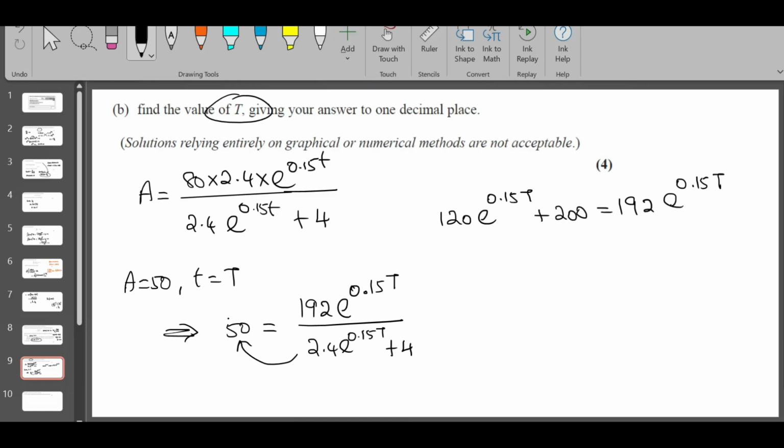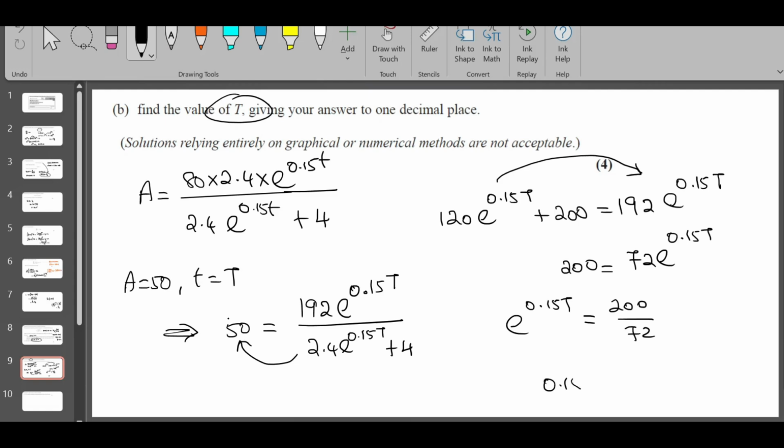Okay, so when I bring this term here, these two are like terms. So 192 minus 120 is 72 e to the power, this is 200. So e power 0.15T is 200 over 72. When you remove e, it becomes ln 200 over 72, and then divide by 0.15.